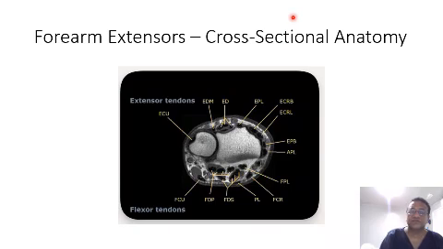Though our focus was extensor tendons, here we can see flexor tendons also, which lie in the volar compartment. Ventrally you can see flexor carpi ulnaris, flexor digitorum profundus, and flexor digitorum superficialis.